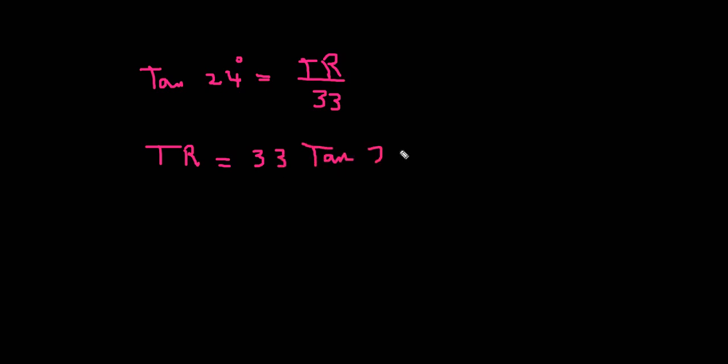Tan 24 degrees equals TR, opposite over adjacent. Cross multiplication, we get TR equals 33 tan 24 degrees.